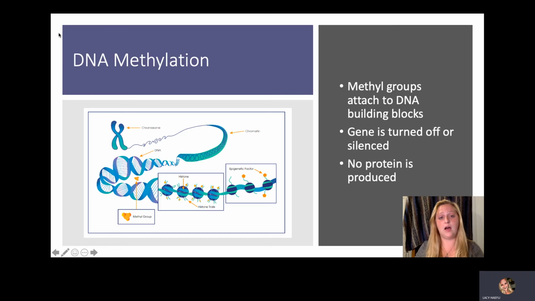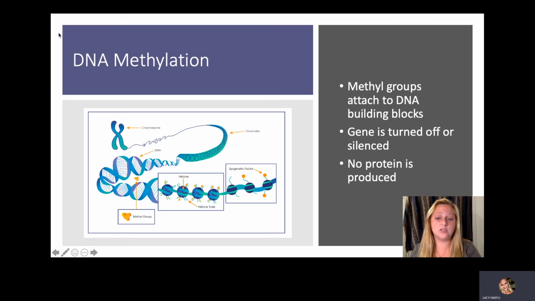When our sperm and egg cells join together to create a life, there are only these two cells. So how do we get from having only two cells to the trillions of cells that we have now? That's through cell division, but also through cell differentiation, which is a part of DNA methylation's job. Methylation turns genes off, whereas demethylation turns genes on.